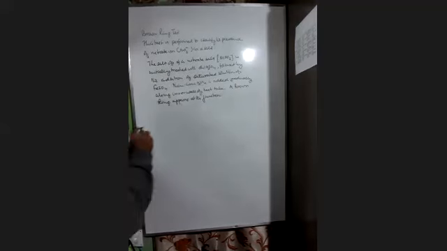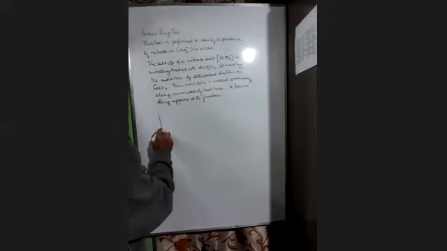So I try to draw it. This is the solution of metal nitrate. To that what you add? Dilute acetic.